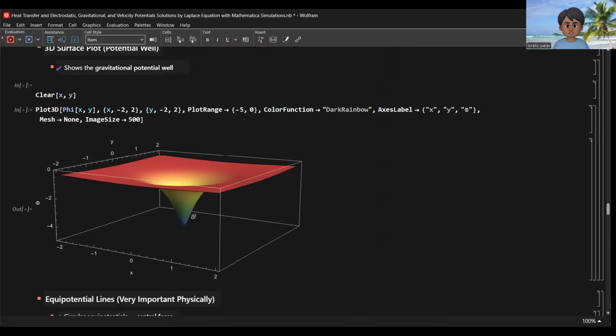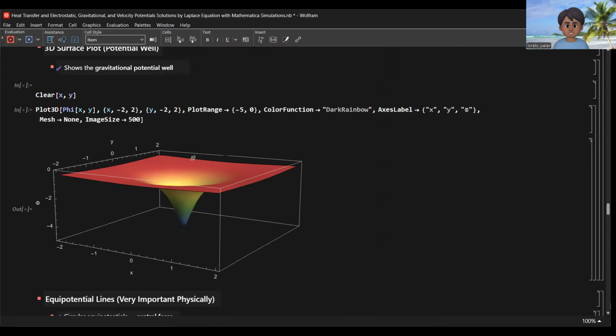So we have the plot of this potential. So we have the zero potential here, the potential as a function of x and y.